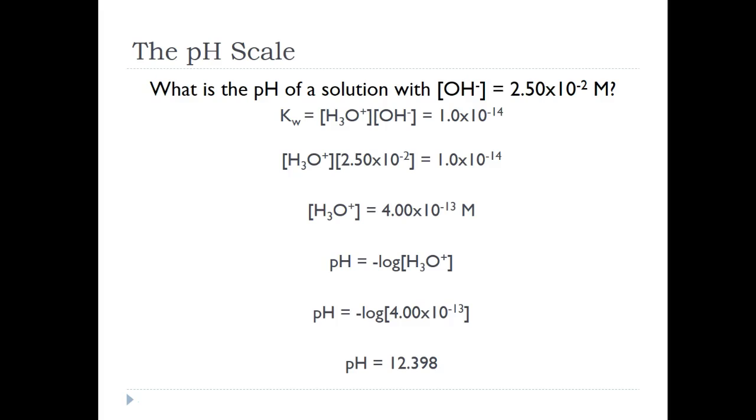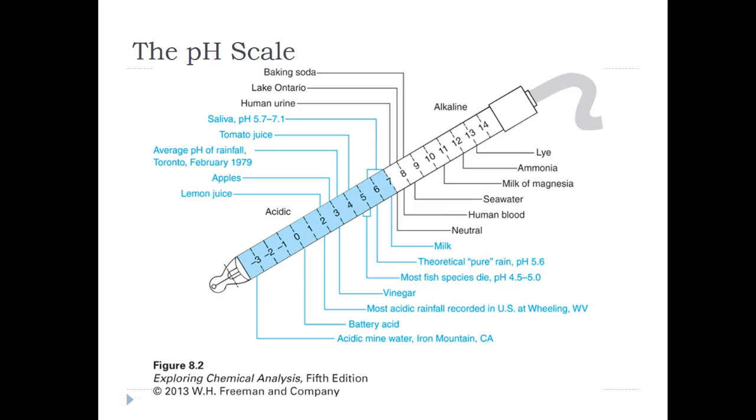So just practice using our pH equation. This is just for funsies. This is just an image taken out of our textbook showing you the pH value of more common household type of things. Nothing really to memorize, but just some things that might be interesting.